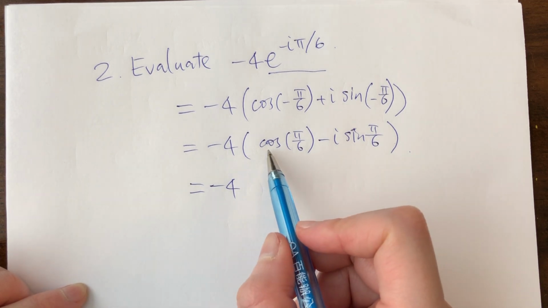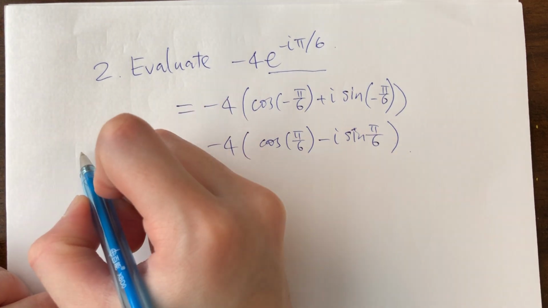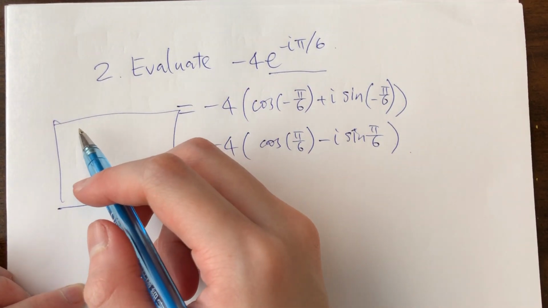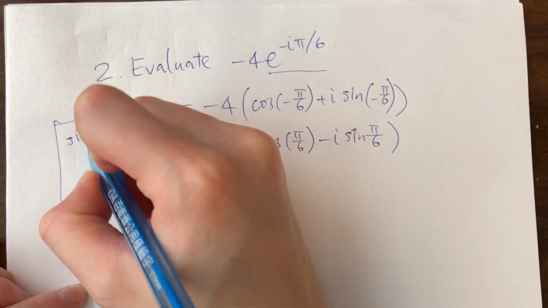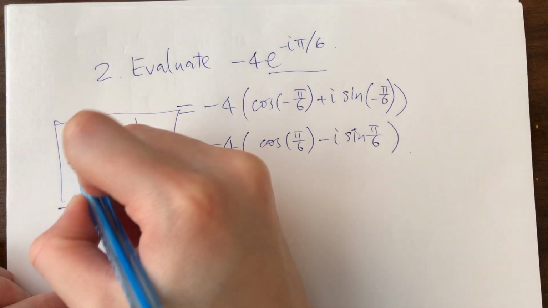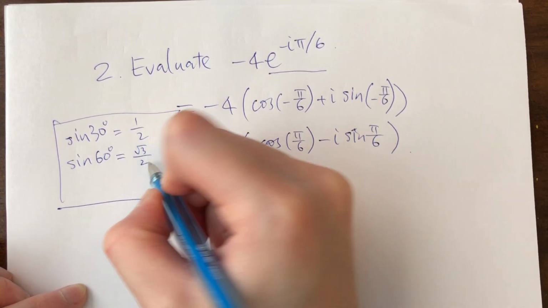Let me put a box of things you definitely need to memorize. I like to memorize that sine 30 is 1/2 and sine 60 degrees is square root of 3 over 2.